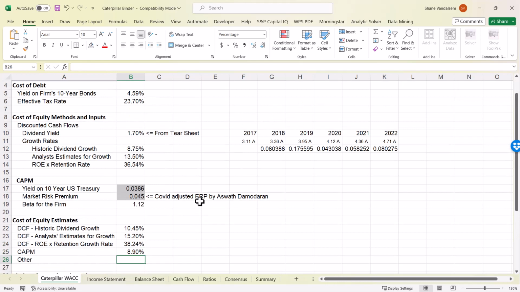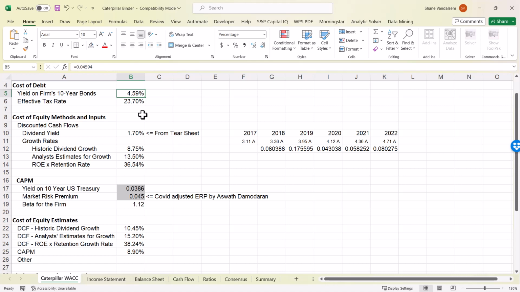One thing I want to point out is that the yield on the firm's 10-year bonds is 4.59%. In other words, we know that bond investors right now are requiring a 4.59% return on the bonds of Caterpillar. Okay? If any of our estimates were lower than that for the cost of equity, we would throw those out because equity holders are going to require a greater rate of return than the bondholders.